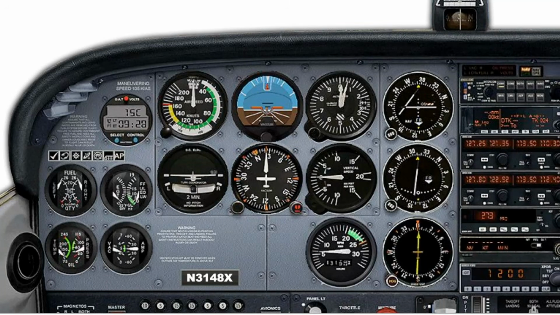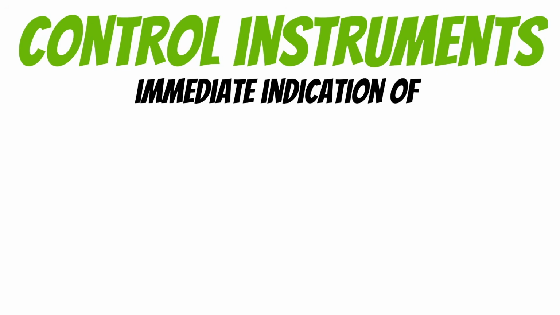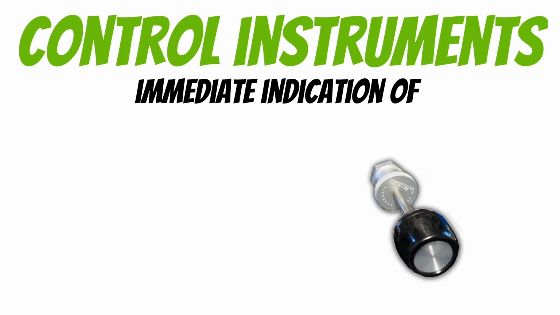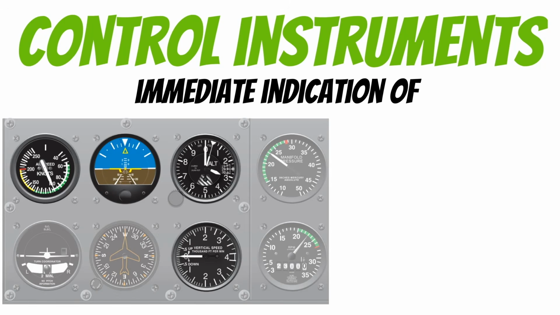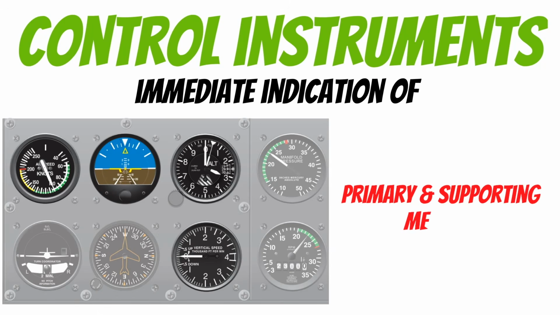Now, I'll explain this a little bit better in just a minute, but for now, let's look at our control and performance instruments. Control instruments give us an immediate indication of our power setting and an immediate indication of the aircraft's attitude. And this is really important to remember because in the next lesson, we're going to be talking about the primary and supporting method for controlling an aircraft.